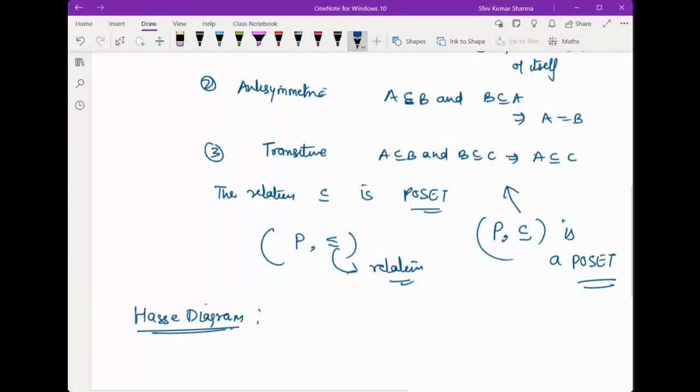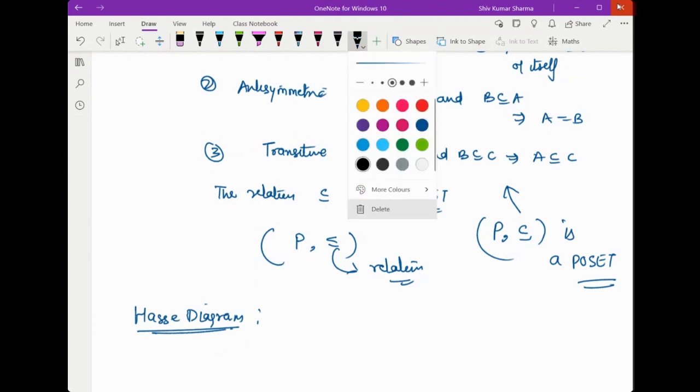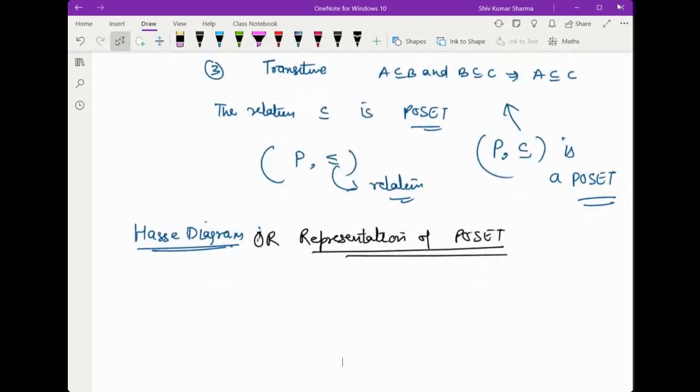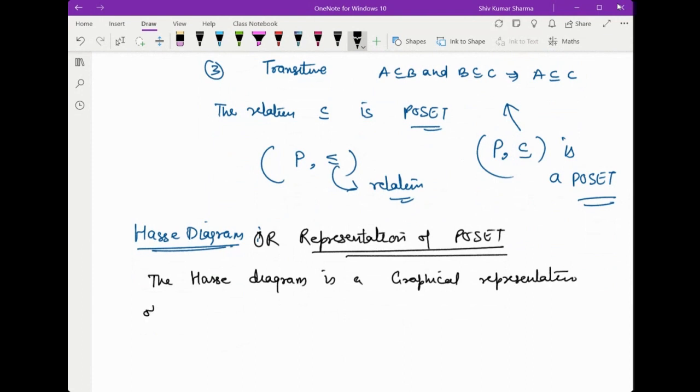We can define the Hasse diagram, or representation of POSET, as a graphical representation of a POSET.